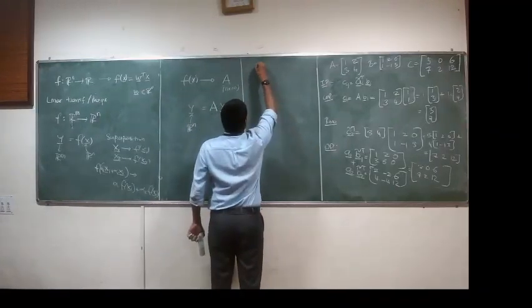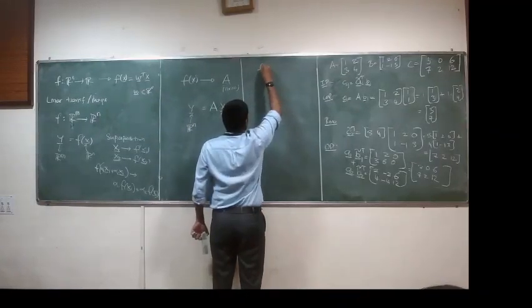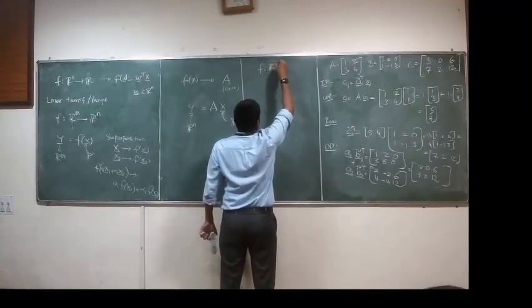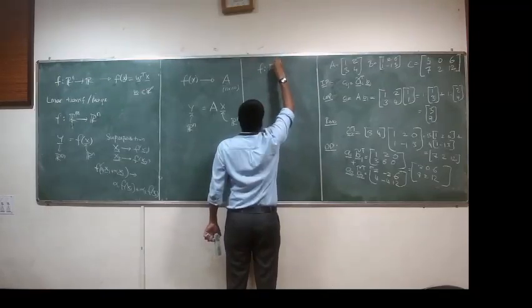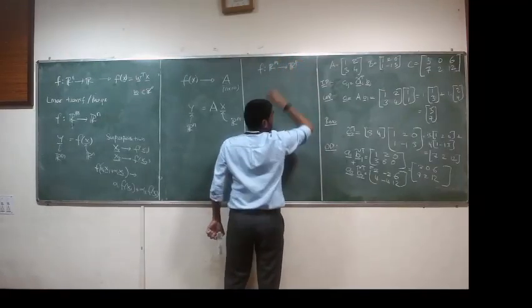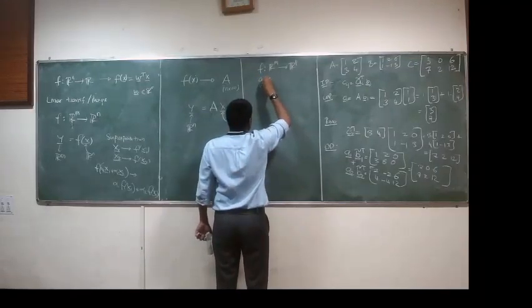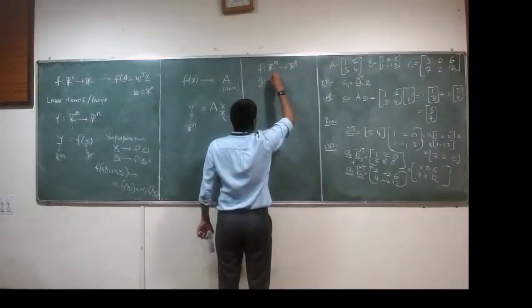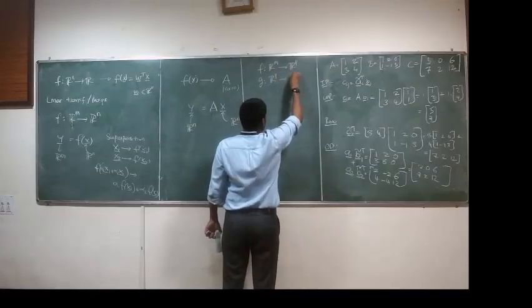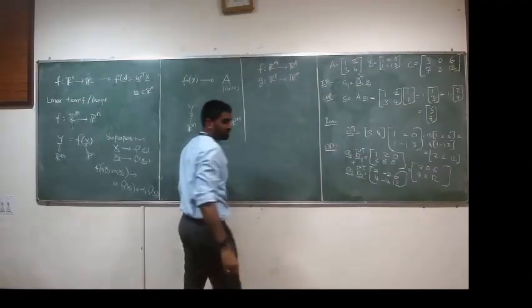Let's say we have two linear maps. F is defined from Rm to Rp. We have another linear map G that is defined from Rp to Rn.